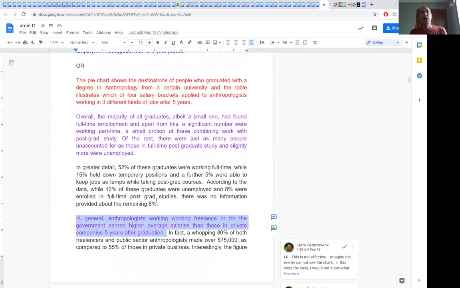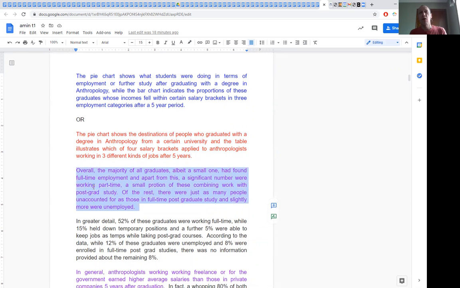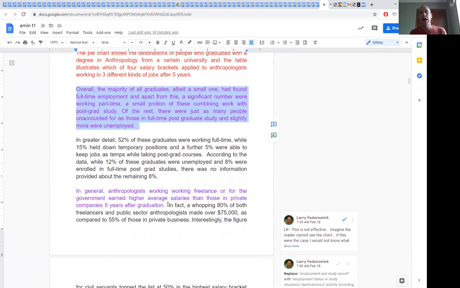Now, I'm going, wow, that's a lot. I mean, we have this long introduction, either the blue one or the red one. We have this long overview here for the pie and this long overview for the table. Pretty long, not so long for the table.